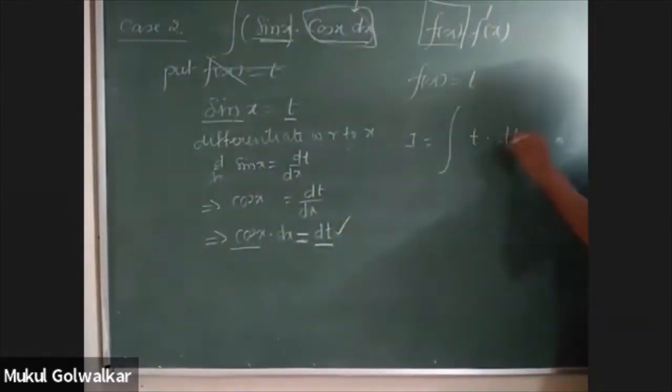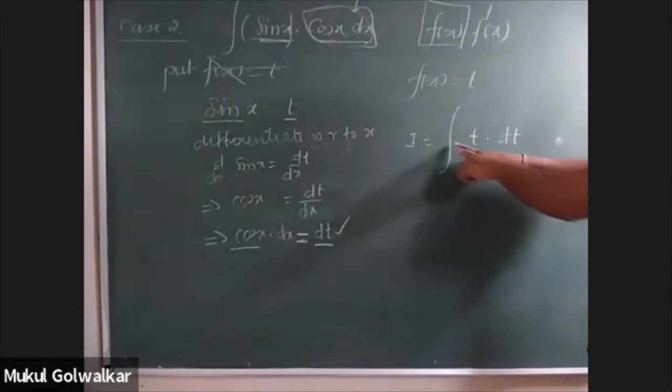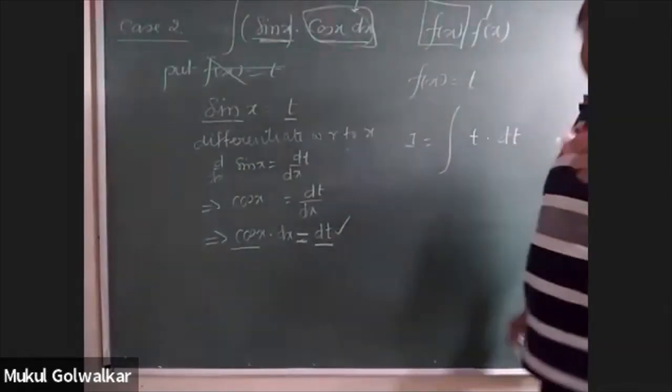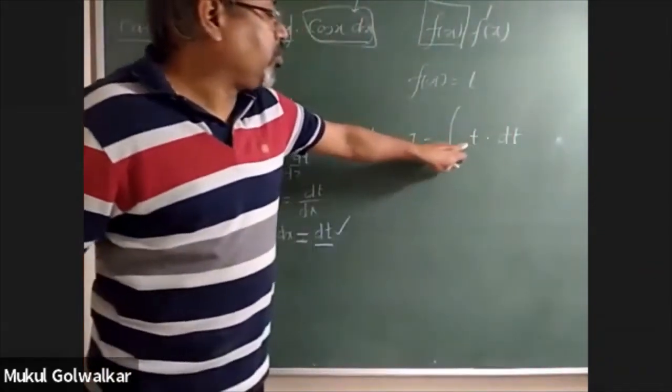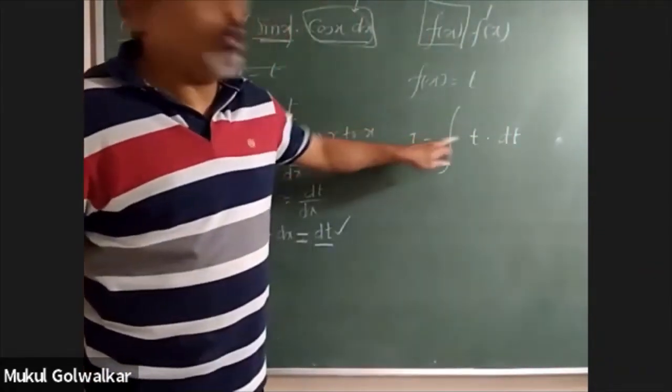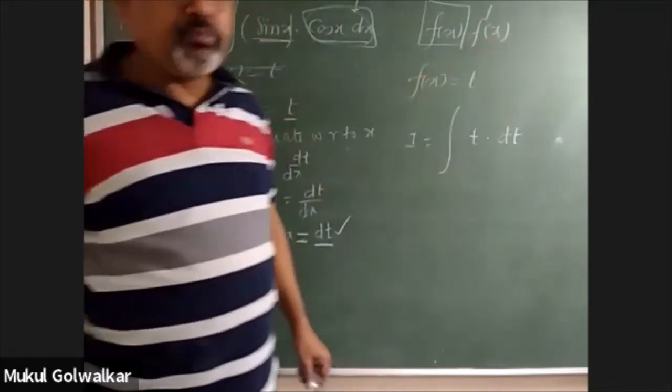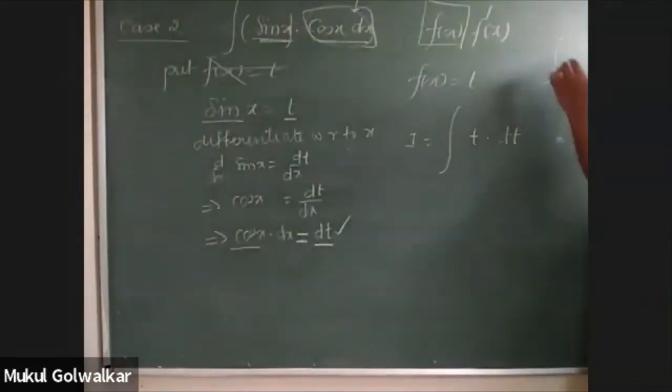Now you see that this is the integration of a standard function. The standard function means only one function was given to you. What is the integration of t to the power 1? t square by 2.